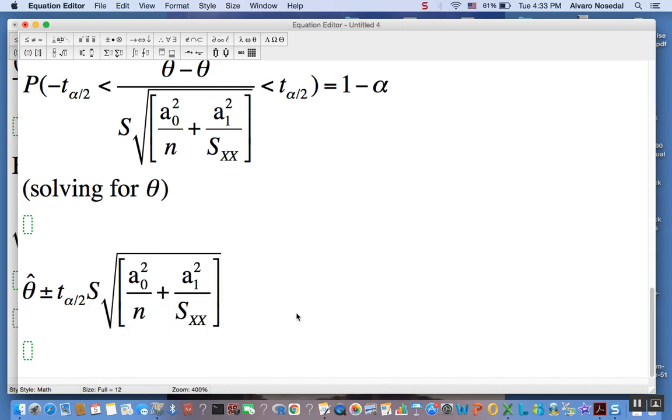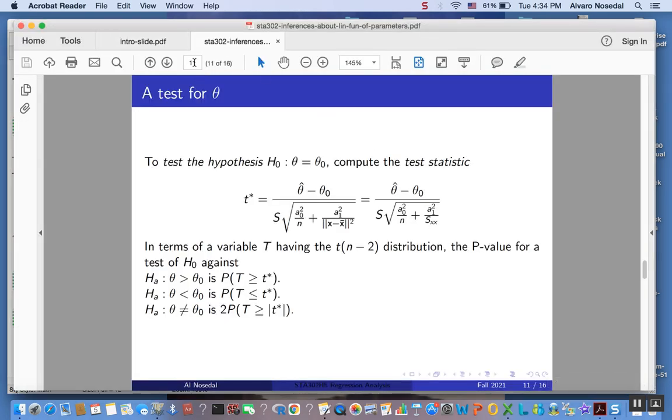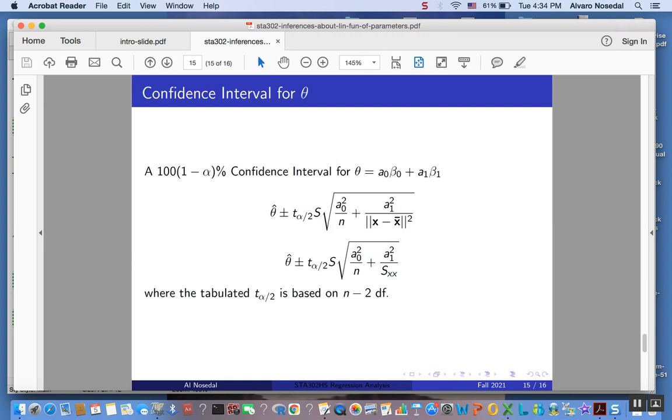And that is going to give you the 1 minus alpha times 100% confidence interval for theta. I think we also have an expression for that in our lecture notes and in your textbook as well. So that's exactly what we got.